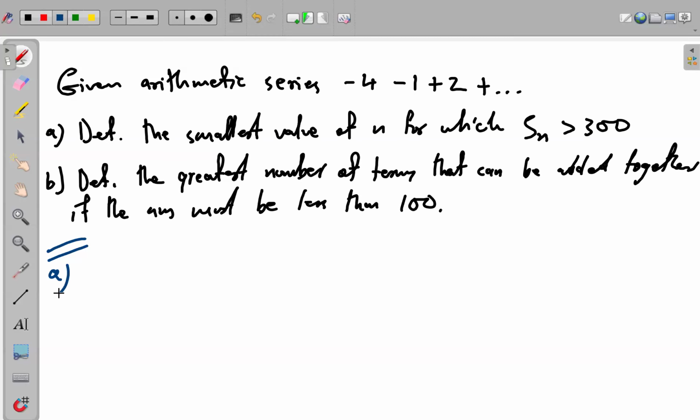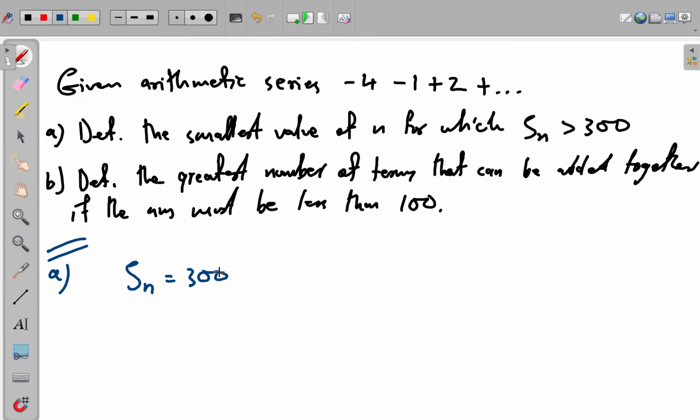For question A, if I want to know the smallest value of n for which the sum of n terms must be bigger than 300, then it will make sense to find the n value that gives me 300. In other words, the number of terms that I must add to get 300. If I know that, then surely I will be able to answer this question. So that's how we're going to box it.